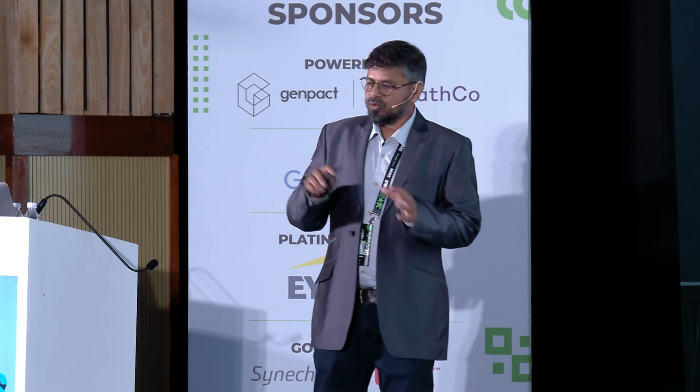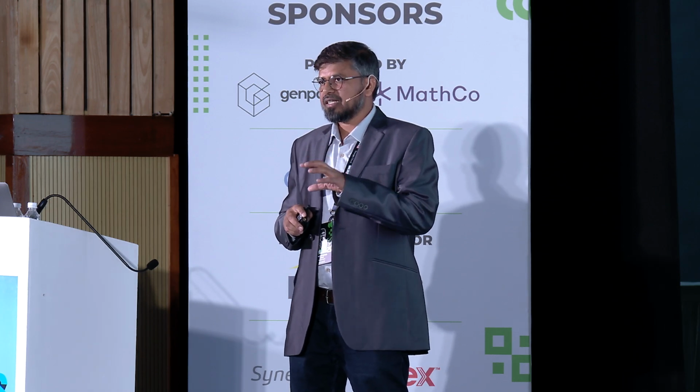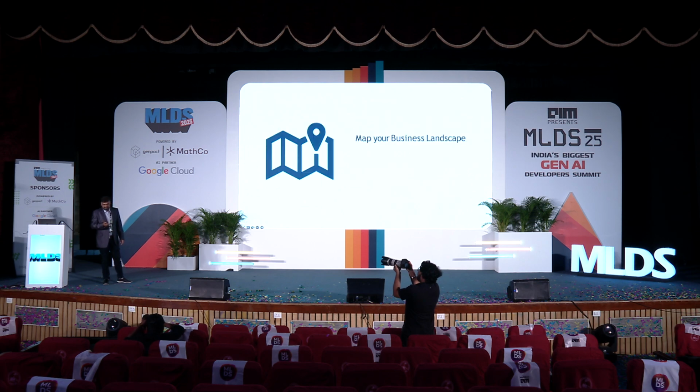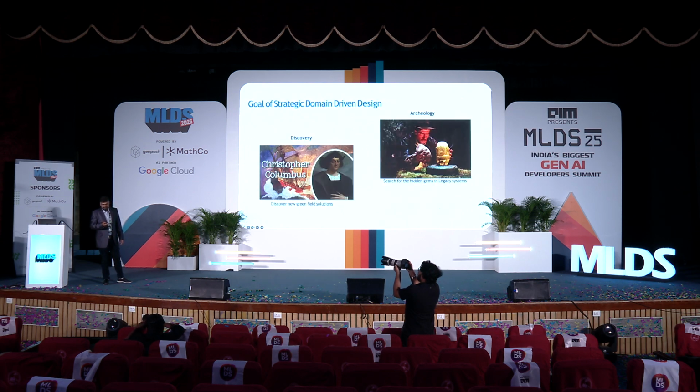For strategic design, what are the important patterns available? You can just have a look and create a mind map. Also, domain-driven design is not only for modernizing legacy systems. It's for greenfield projects as well.